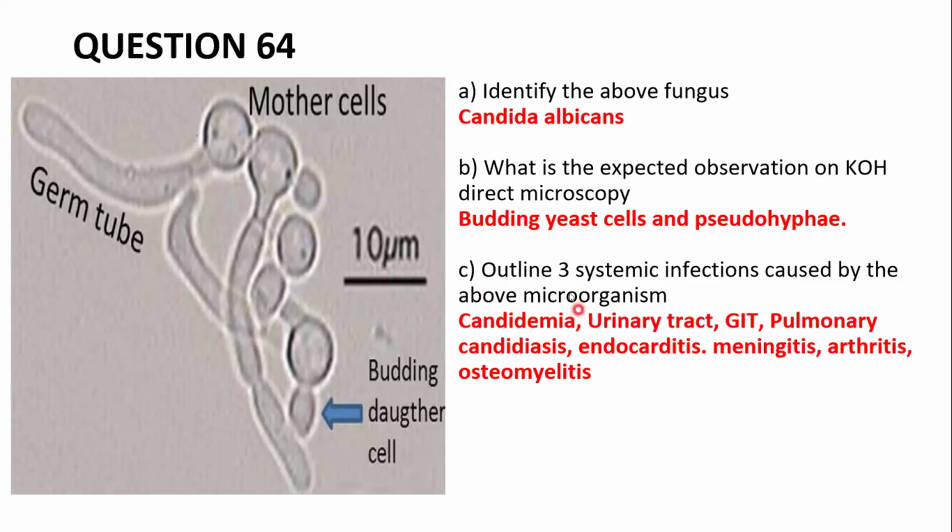Then candidemia, that's when it goes to the blood, and then it can cause urinary tract infections, GIT, pulmonary candidiasis, endocarditis, meningitis, arthritis, osteomyelitis. So think of where it goes. When it goes to the urinary tract, UTI; GIT; pulmonary candidiasis, when it goes to the lungs; endocarditis, the heart; meningitis, the meninges; arthritis and osteomyelitis, the bones.